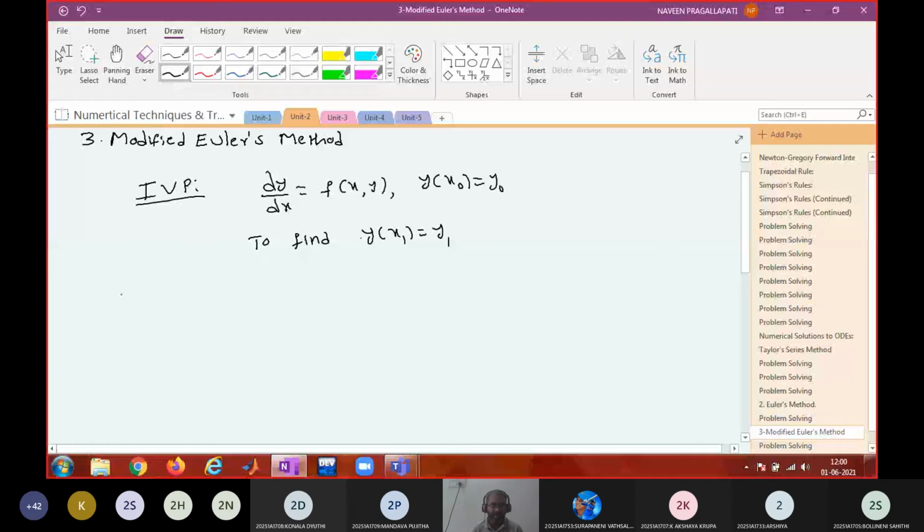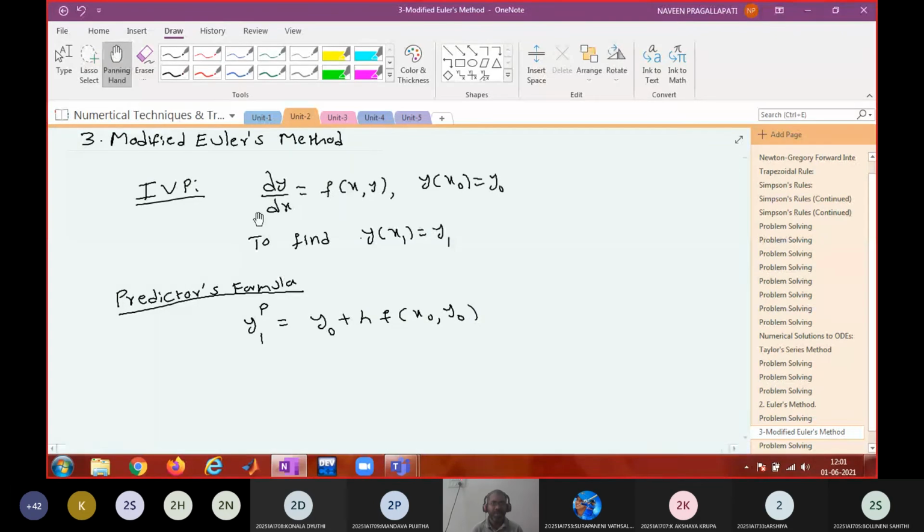There are two stages involved. One is called the predictor formula: y1 predictor is equal to y0 plus h into f of x0, y0. This is nothing but Euler's formula. Agreed? So the predictor formula is nothing but Euler's formula.